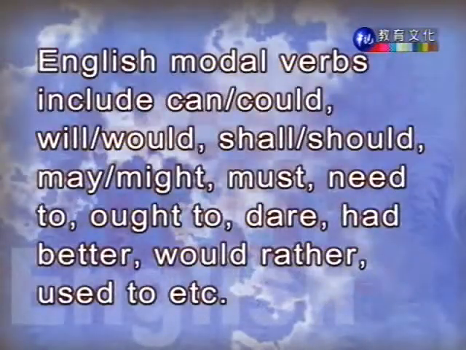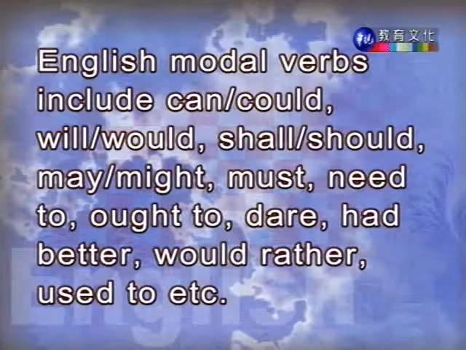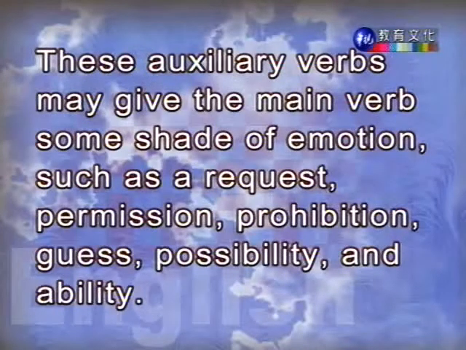English modal verbs include can, could, will, would, shall, should, may, might, must, need to, ought to, dare, had better, would rather, used to, etc. These auxiliary verbs may give the main verb some shade of emotion, such as a request, permission, prohibition, guess, possibility, and ability.